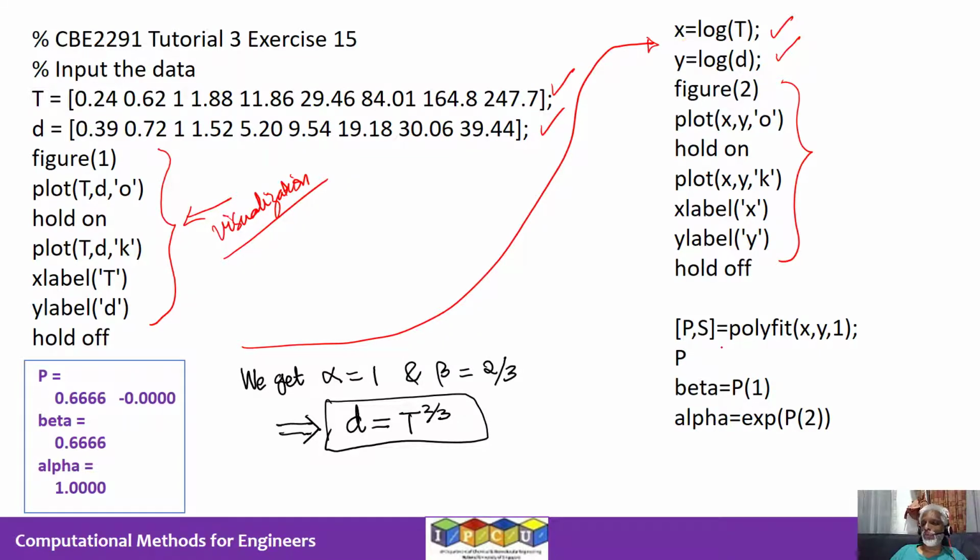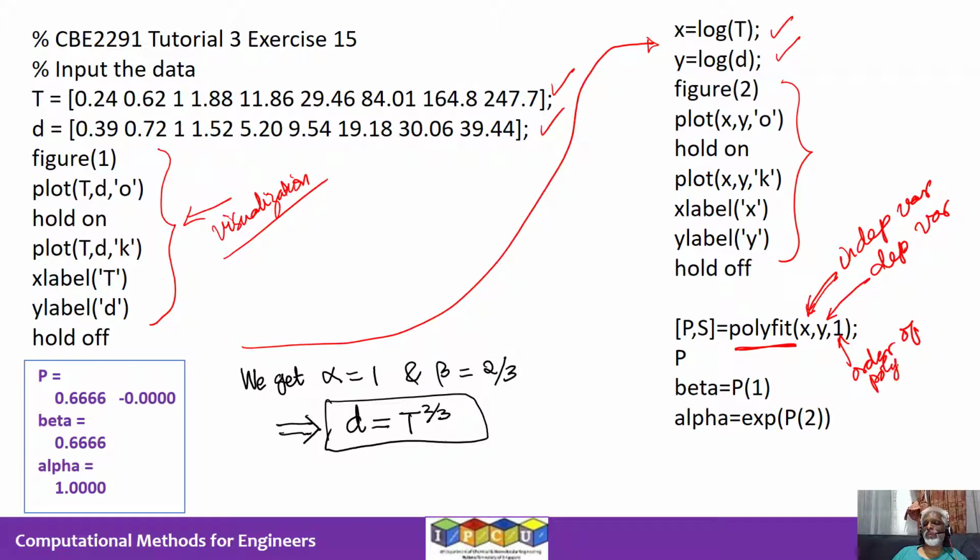We use the polyfit command, polynomial fit. This is the independent variable x, which is nothing but ln of t, but we'll just stick to x. This is the dependent variable y. And this is the order of the polynomial we want to fit.